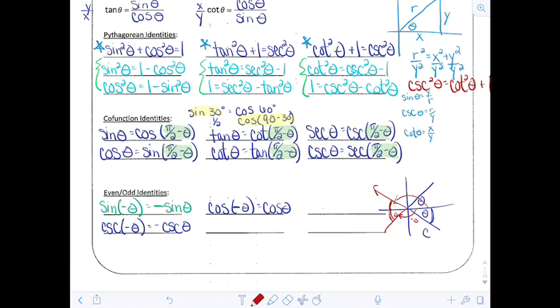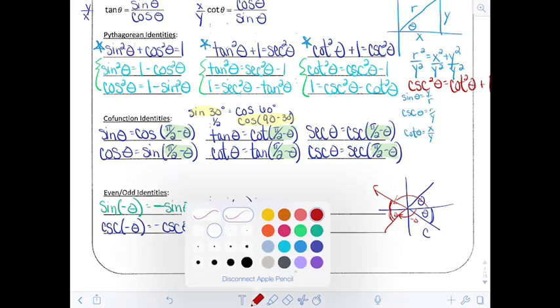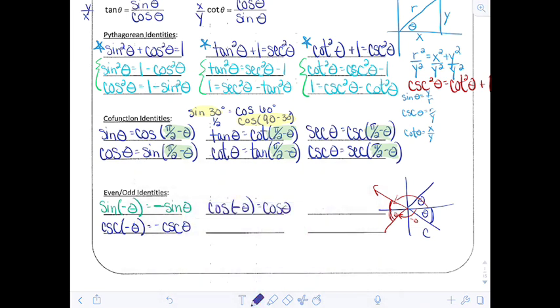So either way, when you have a negative theta, it's going to give you the positive cosine value. All right, and then if I have cosine, I can also say the same thing is true about secant of negative theta, and that would be just equal to the secant of theta.